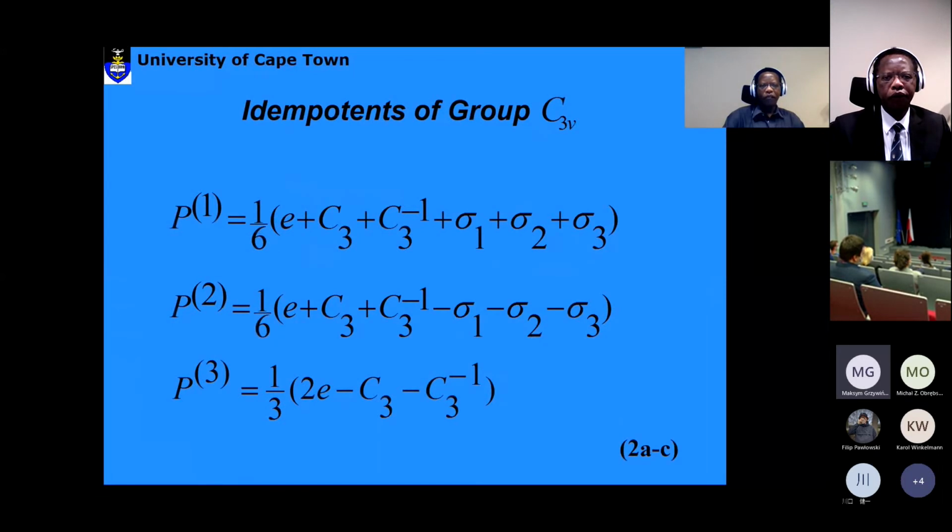And for group C3V, we have got 3 idempotents, P1, P2, and P3. As you can see, these are all linear combinations of the symmetry elements making up the group.